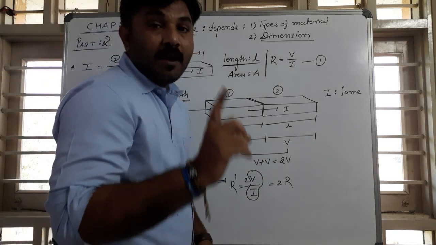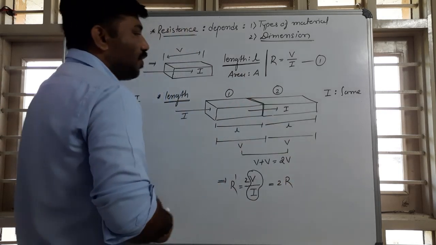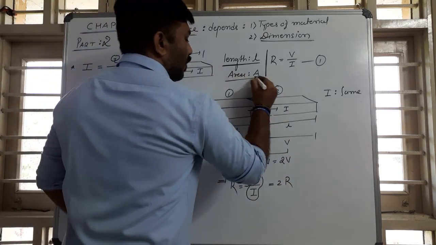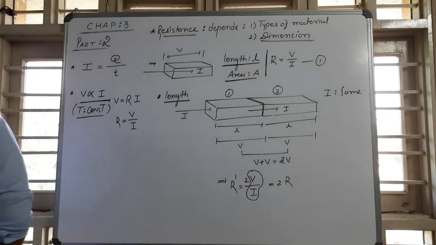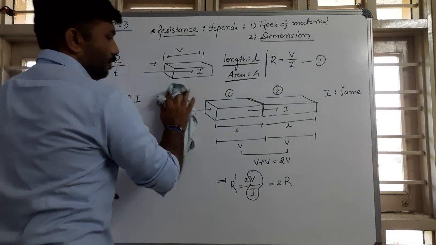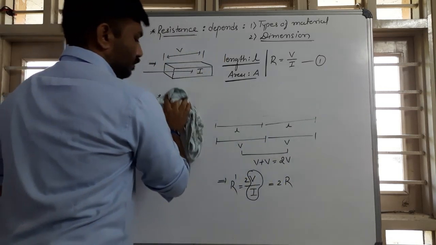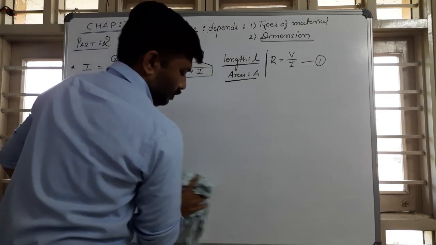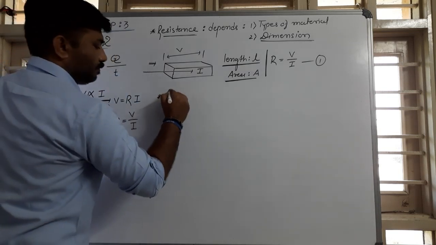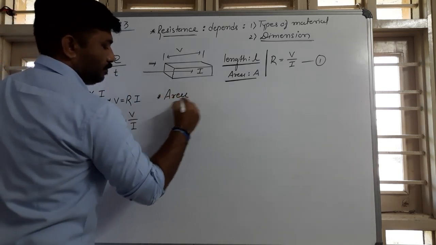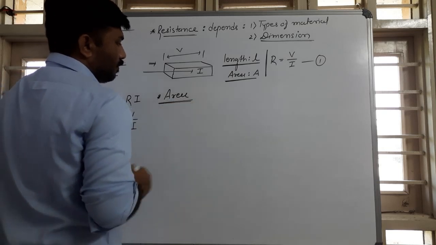Now let us see how the resistance of a conductor depends upon area. Okay? We take the same conductor.